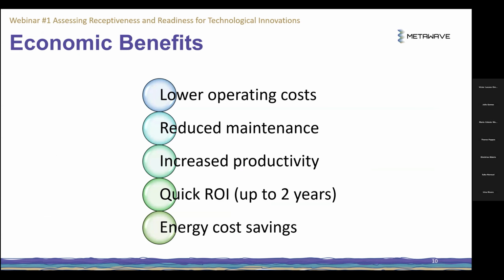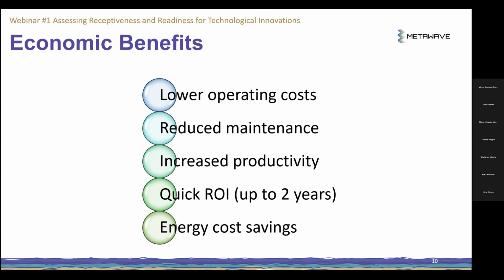Beyond the technical advantages, microwave and plasma technology deliver strong economic benefits. They help lower operating costs through higher energy efficiency and faster processing, which reduces maintenance needs thanks to fewer moving parts and non-contact heating.